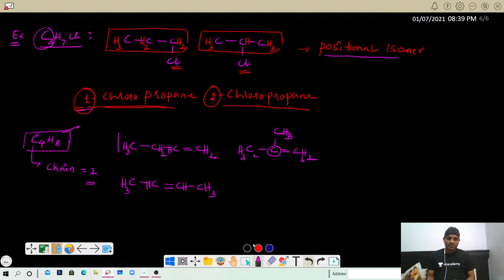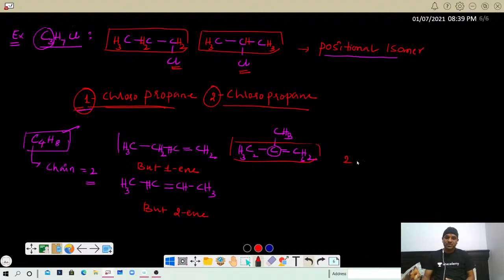what is this compound's name? This compound name is but-1-ene. Very sweet name. And what is this? It is but-2-ene. Perfect. And is this butane? Are you sure? What is the name of this compound?